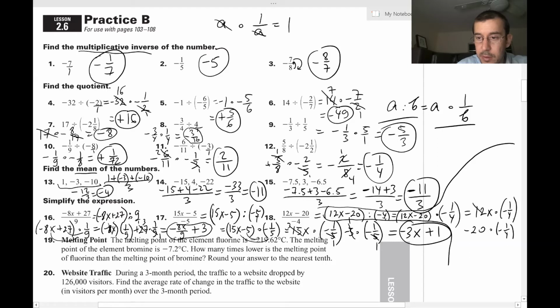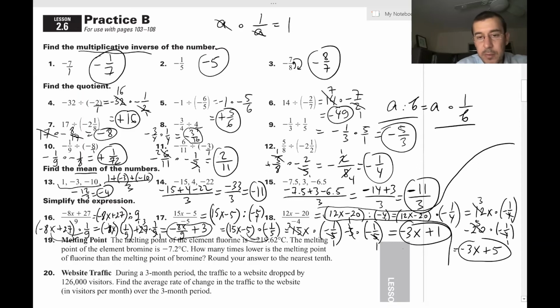Here 12 and 4 cancel out by 4. We have 3 here. So this is minus 3x. And here 20 and 4 cancel out by 4. 1 and 5 here. So minus 5 times minus 1 is plus 5. So minus 3x plus 5.